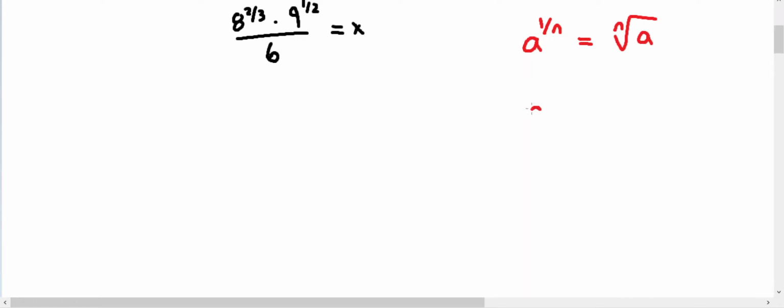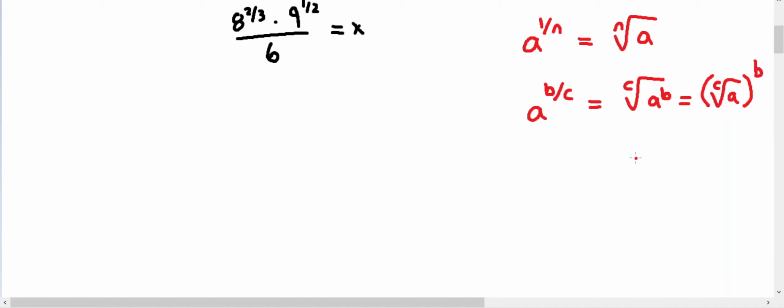And furthermore, if you have a raised to a fraction like b over c, then the c part comes out as the root, and you can raise a to the b first, or for appropriate bases a, you can swap the order. So you can take the cth root first and raise the entire thing to the bth power. So employing these two rules, let's take a look at 8 to the 2/3.